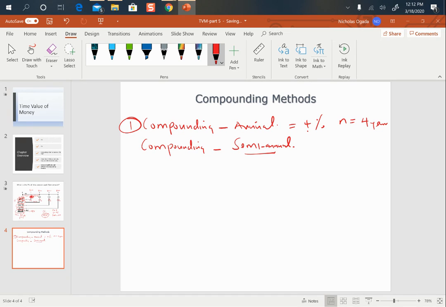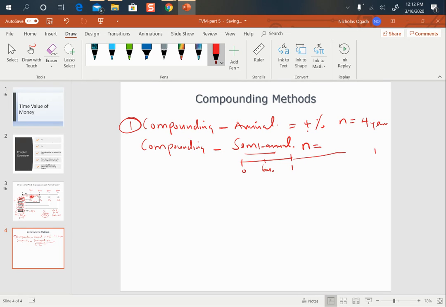If that was the case, then this changes what our N is, because in 1 year, instead of one compounding period, you'll have two compounding periods, since you earn interest every 6 months.